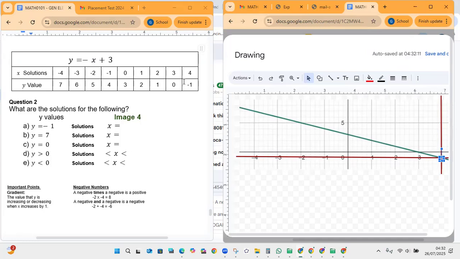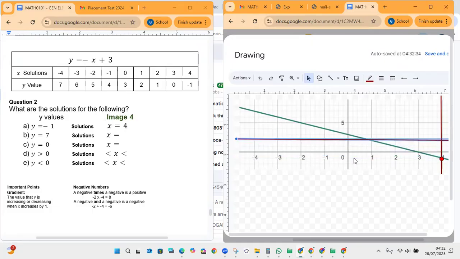And you can actually prove this on the table of ordered pairs. Here it is. When y is -1, x is equal to 4. So this is the solution for this scenario. Okay. What about when y is equal to 7? So let's look for 7. 1, 2, 3, 4, 5, 6, 7. Okay.